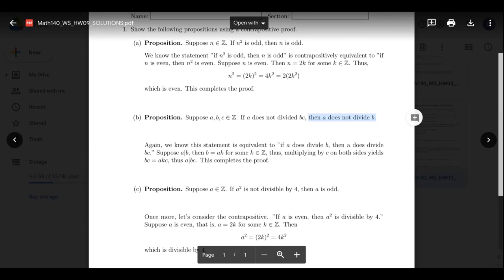Just notation. Does that make sense? So a divides b means b can be written as ak for some integer k. Then bc can be written as akc, and this is exactly saying a divides bc.